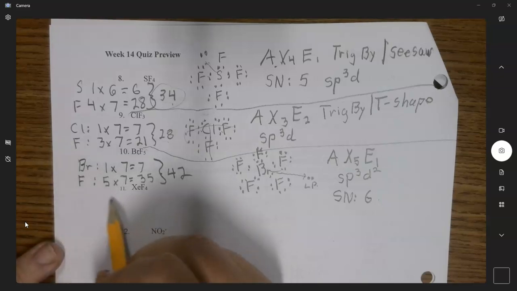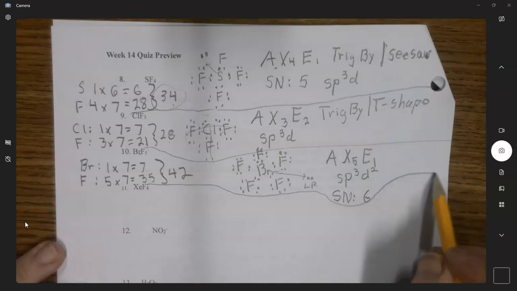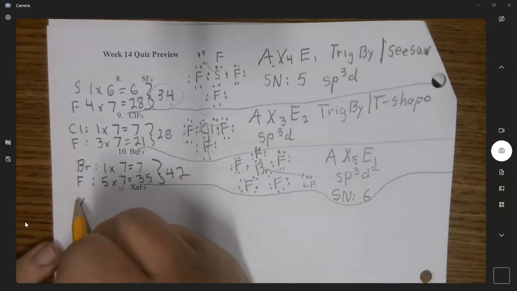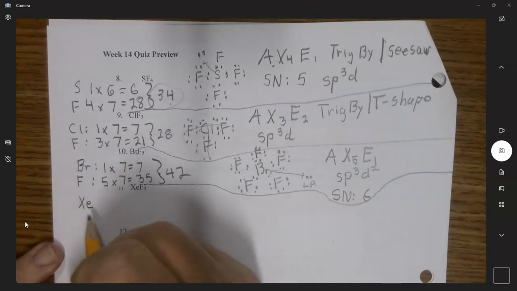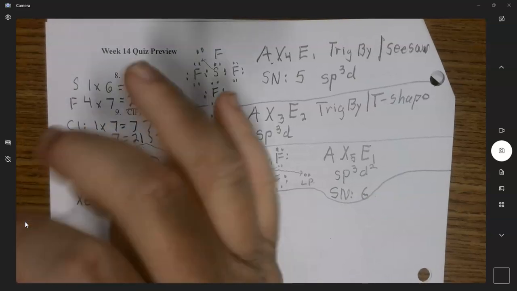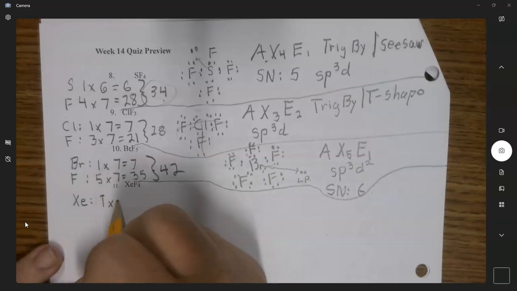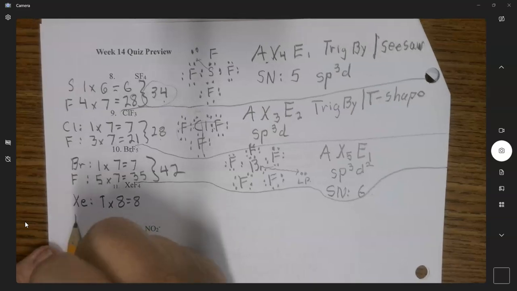Okay, here we go down here. Here's that unusual one, which has a noble gas that can form bonds. So that's going to have 8 valence electrons. There's 1 times 8 equals 8, and then the F4.